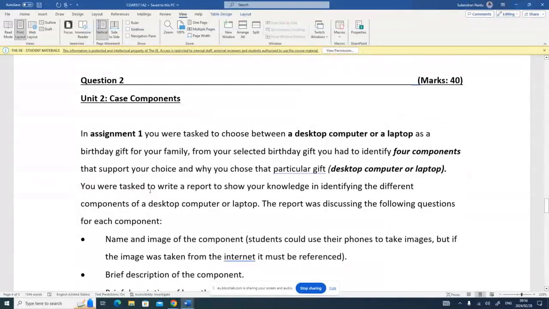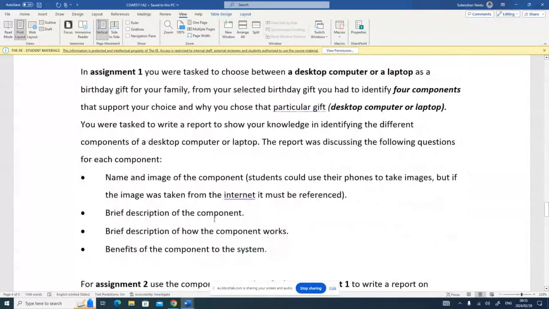You were tasked to write a report to show your knowledge in identifying the different components of a laptop or a desktop. The report was discussing the following for each component: name and image of the component, a brief description of the component, a brief description of how the component works, and the brief benefits of using the component for the system.